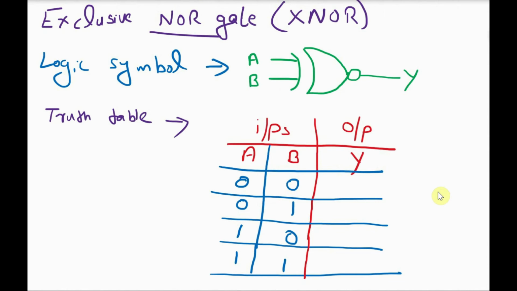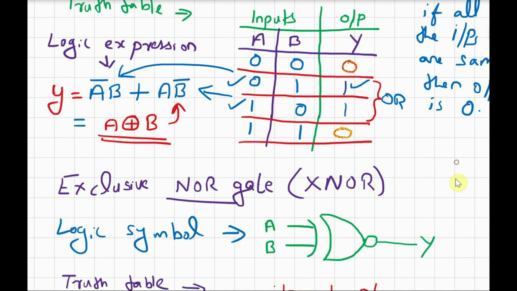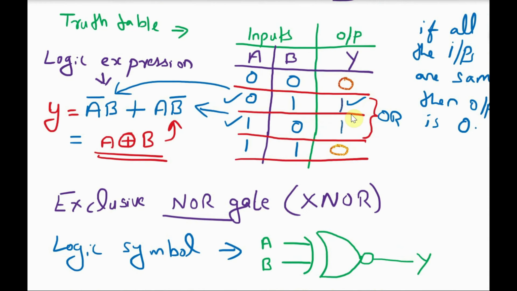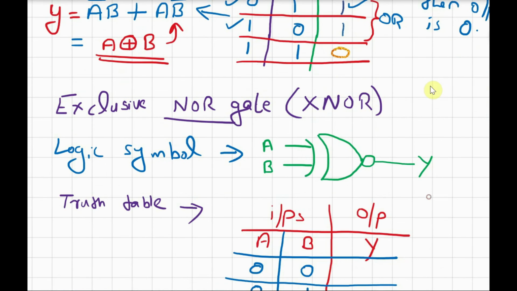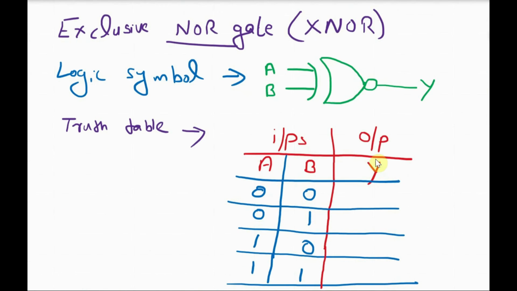First case, in XOR gate, exclusive OR gate, we have seen the output is 1 only if the inputs are different, and output is 0 if the inputs are same. Here it will be opposite because XNOR gate is the opposite of XOR gate. That means output is high if the inputs are same, and output is 0 if the inputs are different.